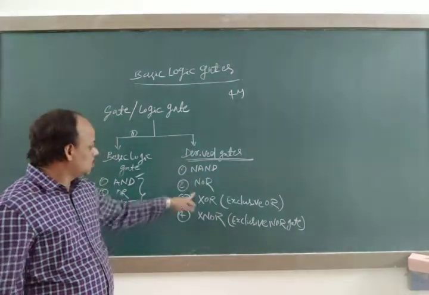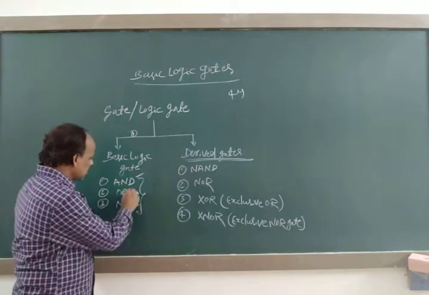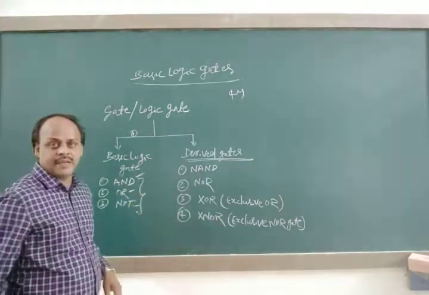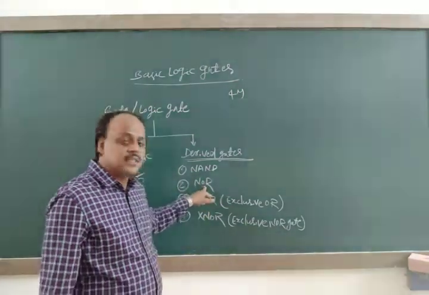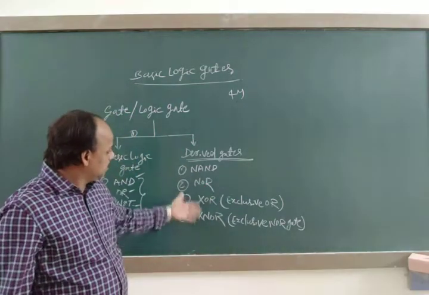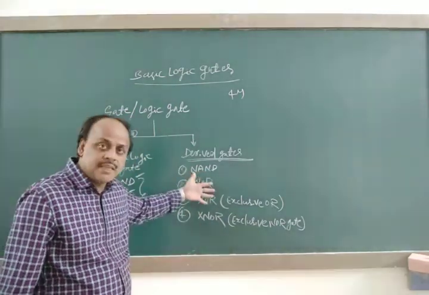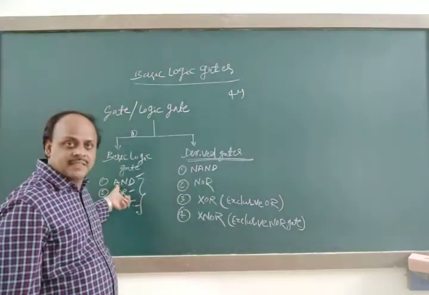Like that, to construct NOR gate, we are going to use this OR gate as well as NOT gate. Without OR and NOT, NOR is not possible. Like that, any gate you take, to construct these gates, we need help of these basic gates.